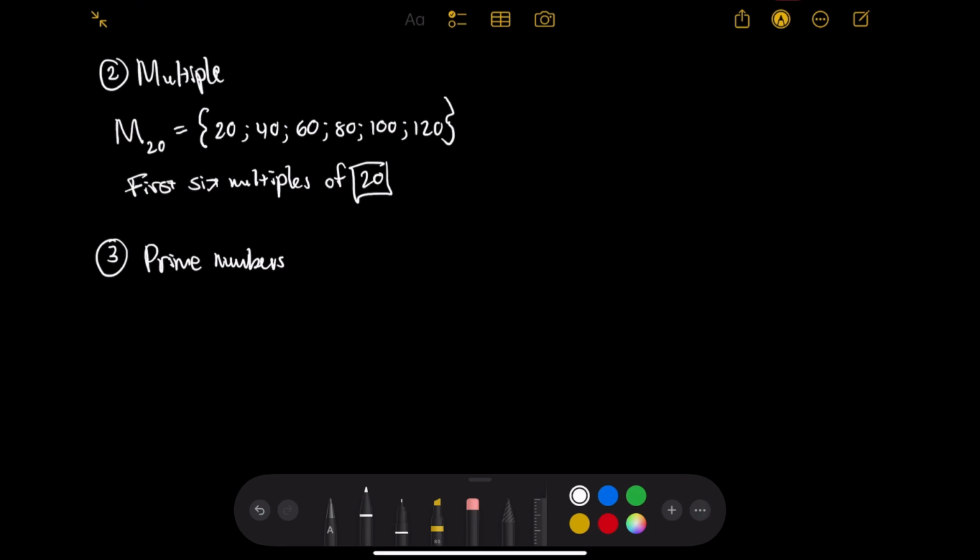Very simply, prime numbers are natural numbers that are greater than 1, and they only have 2 factors.